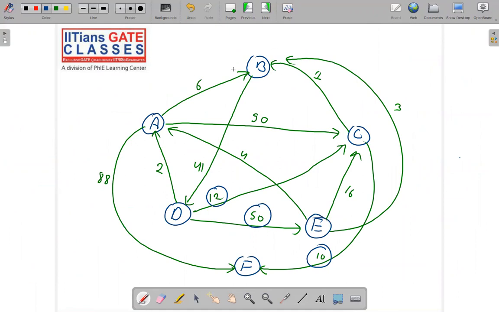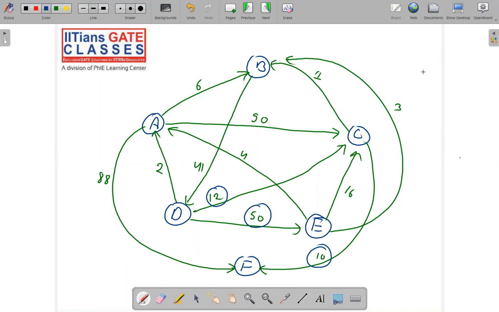So how many times can B at max do the decrease key operation in the min heap? Decrease key operation means once I delete B, I have found a minimum path to B. Now can this minimum path lead to reduction of another path?